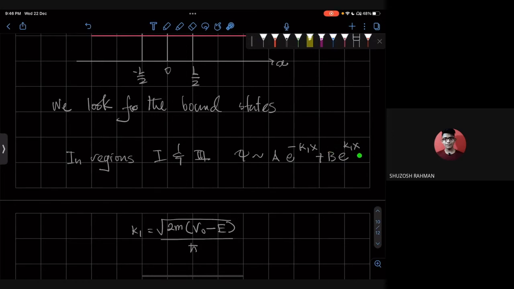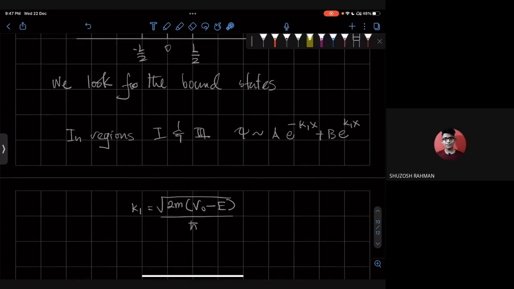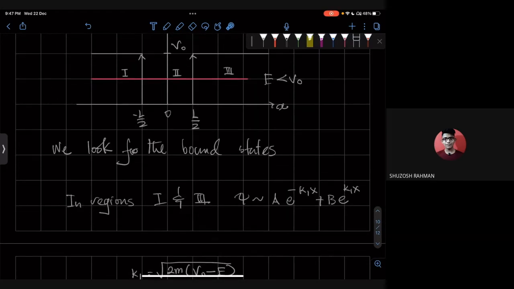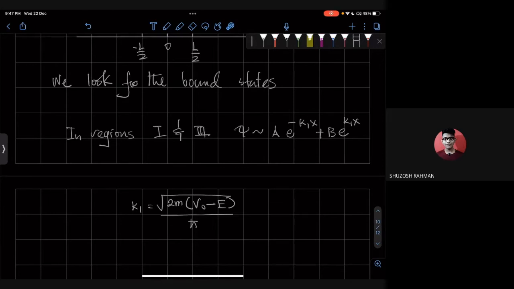If it blows up, then the overwhelming possibility would be for the particle to be found far away in a region where the particle has imaginary velocity, or negative kinetic energy. So we expect that the particle will not go very far into this region if it was initially confined here. So that means that in region 3, we are going to set B to 0.